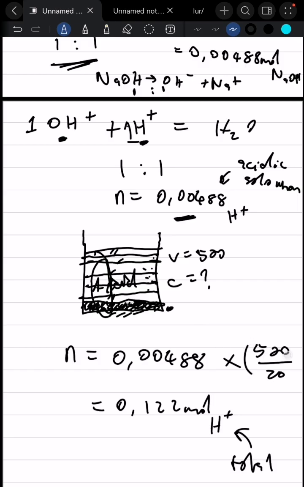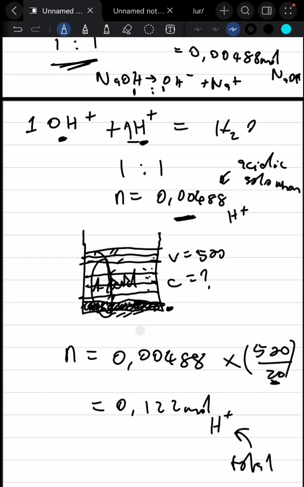That is the 500 total volume all over the volume that was used to neutralize at the beginning. That will give you 25. It means the 20 milliliters in 500, 20 is multiplied by 25.